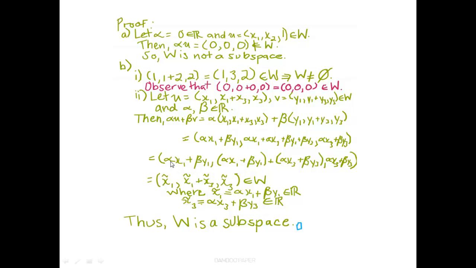So I can call all of these my x1 wiggle, x3 wiggle, and this becomes x1 wiggle plus x3 wiggle, which is an element in W. Therefore, W is a subspace, and we can smile.